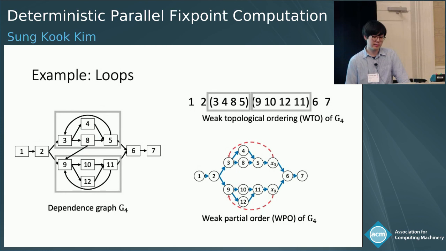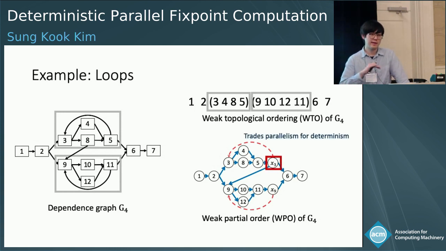The correct way is to begin the constraint from the exit 3. Now, this adds a scheduling constraint between the two loops, so it loses some parallelism, but it ensures determinism.